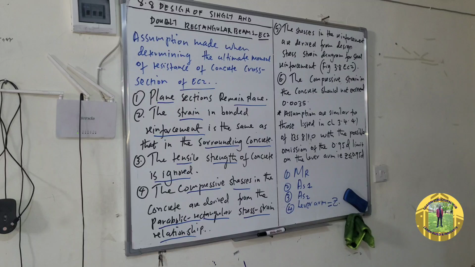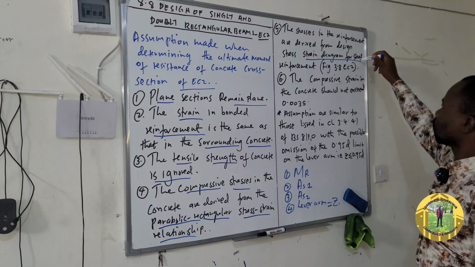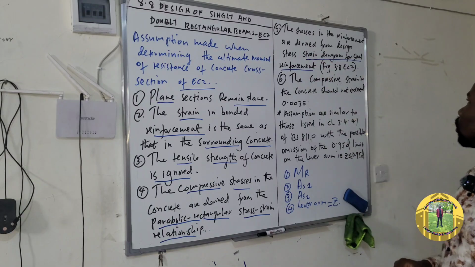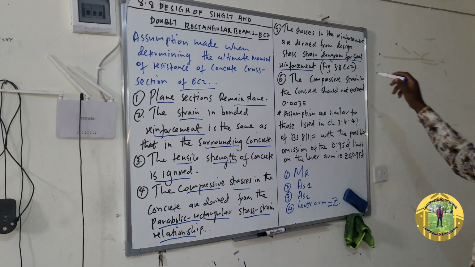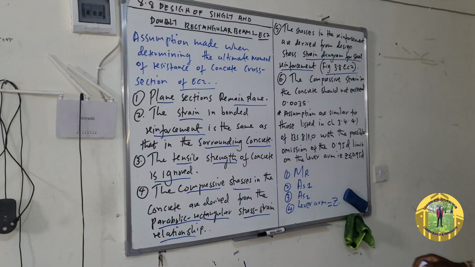And then #5, the stresses in the reinforcement are derived from the design stress-strain diagram for steel reinforcement. I talked about this in my session #4, so you are aware of it. This is figure 3.8 of Eurocode 2.